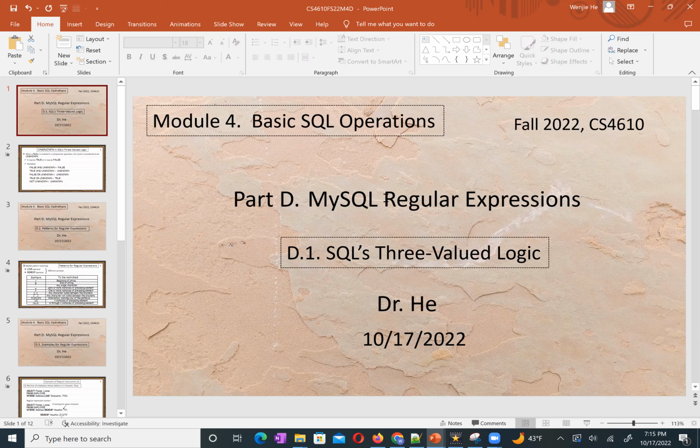After that, we will start complex SQL operations, and that part we will do after the midterm. After the midterm, we focus on complex SQL operations. So let's complete module 4 first.